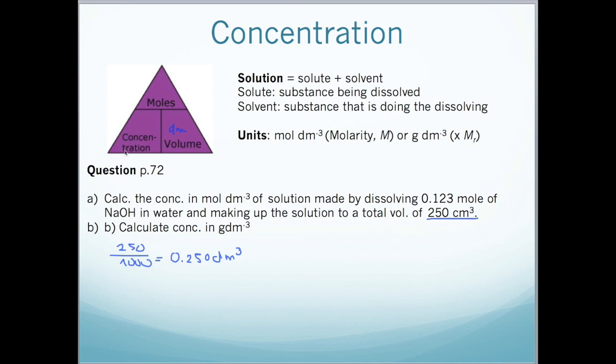And then we can find out the concentration by using the triangle. So the concentration is moles divided by the volume. And the moles we're given here, and we now have the volume in the correct units.